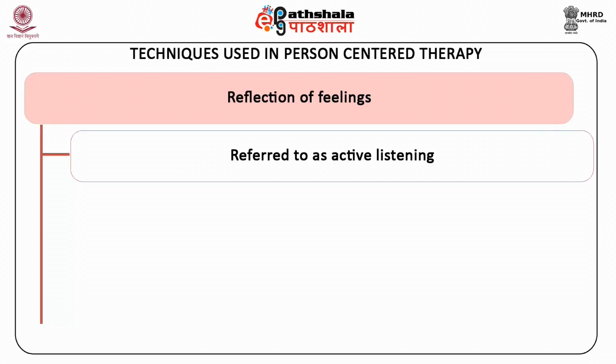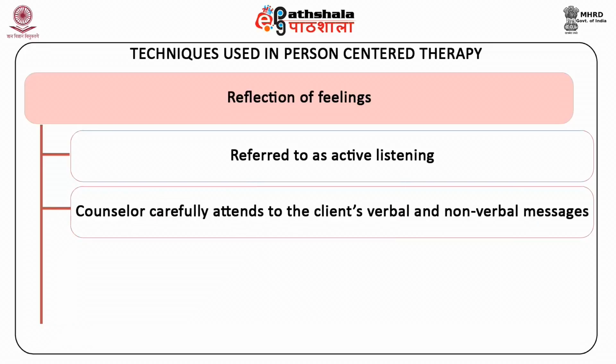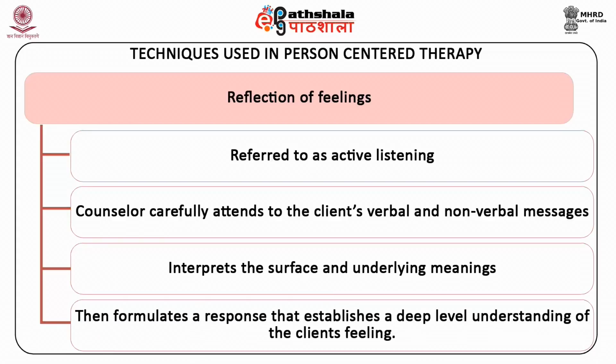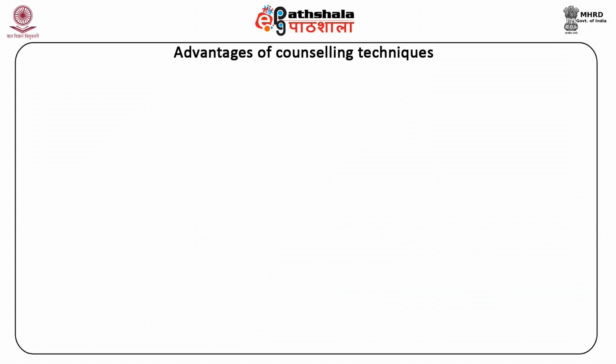In applying this technique, the counselor carefully attends to the client's verbal and non-verbal messages, interprets the surface and underlying meanings, and then formulates a response that establishes a deep level of appreciation or understanding of the client's feeling. Throughout the process, the counselor follows the position of empathetic understanding. In actuality, reflection of feeling is simple to pick up but is one of the most challenging techniques to practice in the counseling process.